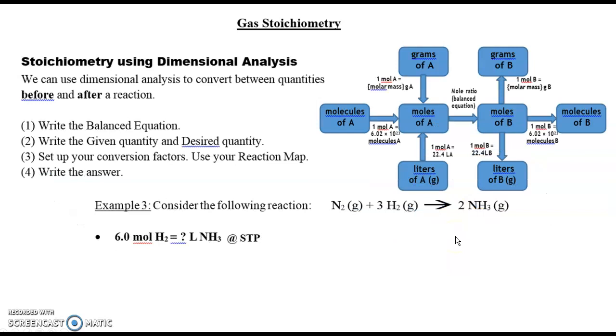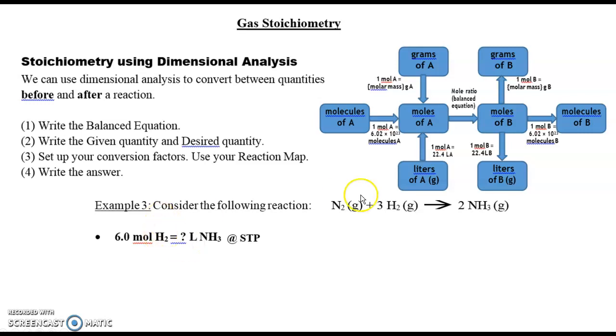So let's take a look at this. Let's say, okay, this is a balanced equation. We did that. That's step number 1. Then I say, okay, write the given quantity and the desired quantity. Well, it looks like I have been given 6.0 moles of H2, and I want to find a volume because volume is measured in liters.